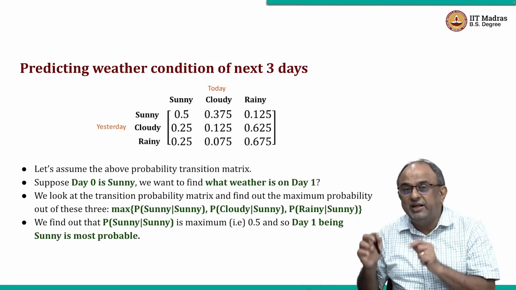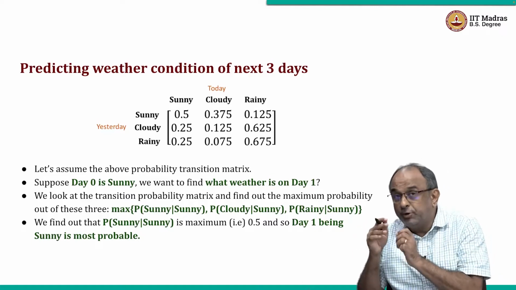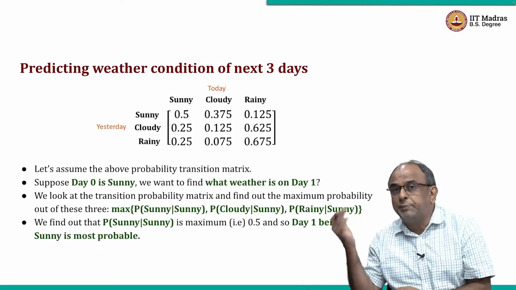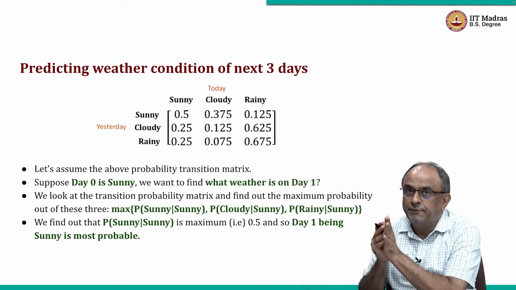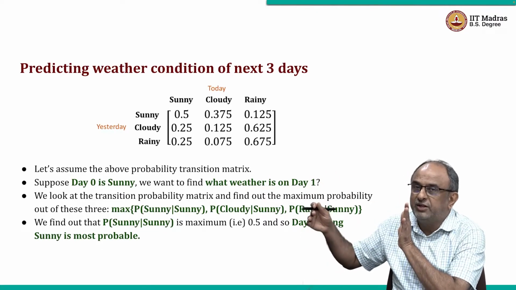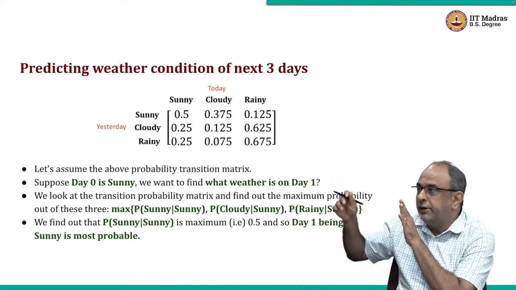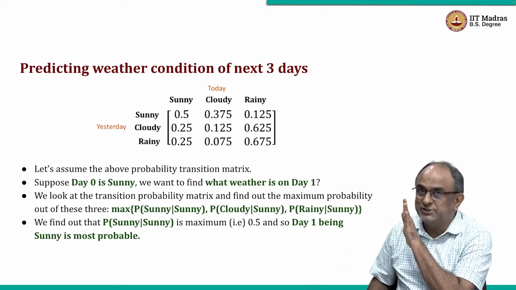This is called a greedy algorithm, because we are saying I am going to make errors, but you are not accounting for it. You are always giving full probability to the next day. So remember, if today is sunny, tomorrow if I make a forecast, among these 3 weather conditions, sunny, cloudy and rainy, only sunny was highly probable, therefore I took sunny, right? But there is a 50% chance I made a mistake, right?